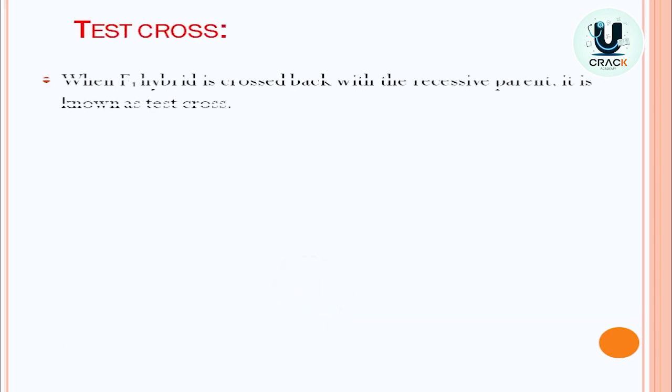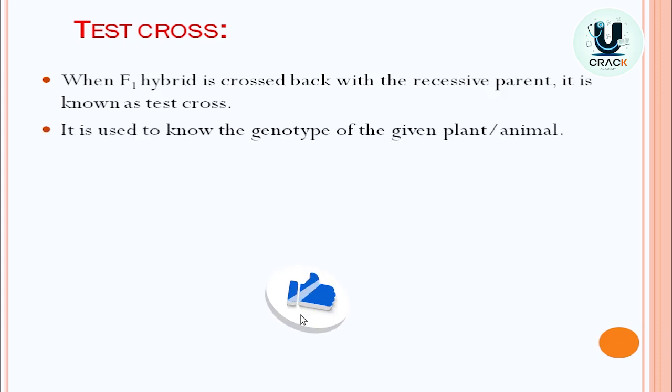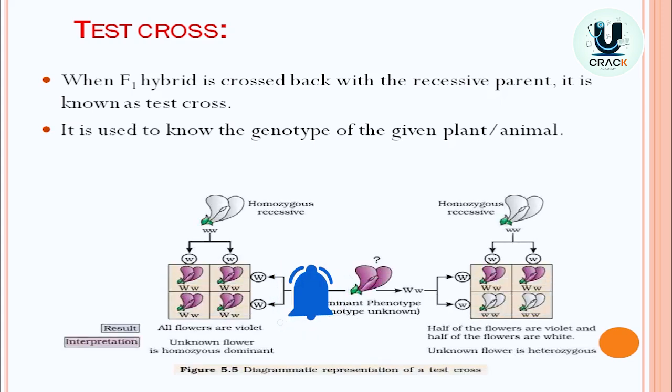Test cross: when an F1 hybrid is crossed back with the recessive parent, it is known as a test cross. It is used to know the genotype of the given plant or animal. Look at this, homozygous, and this is also homozygous. Can you see the flowers of two?